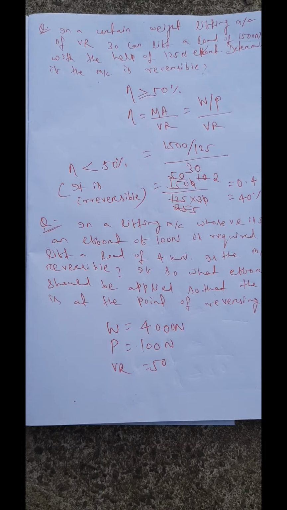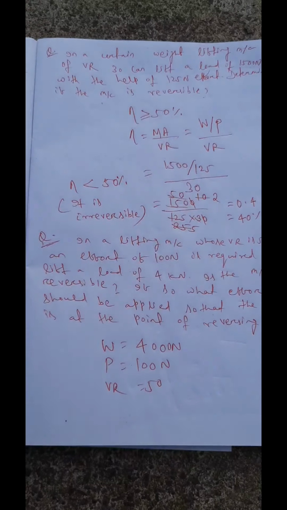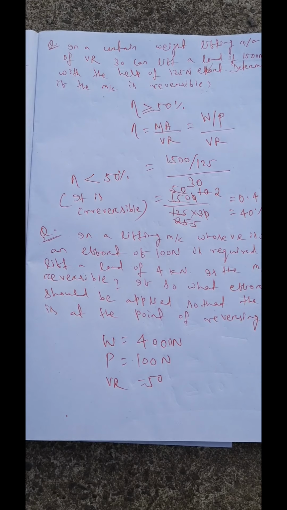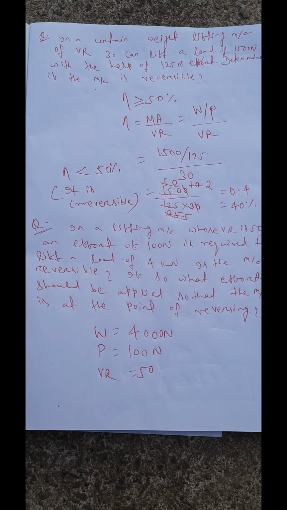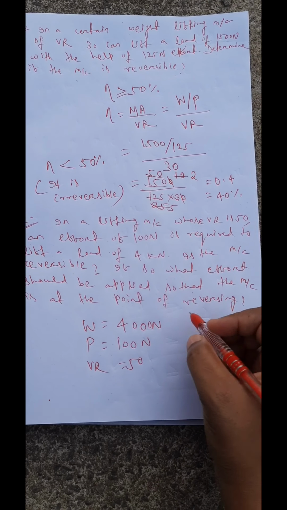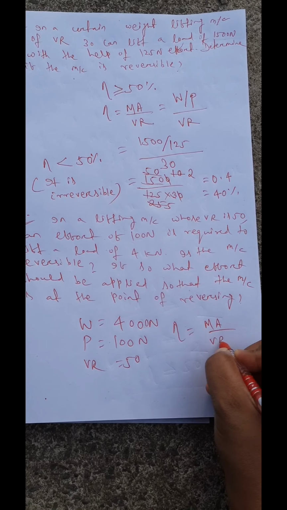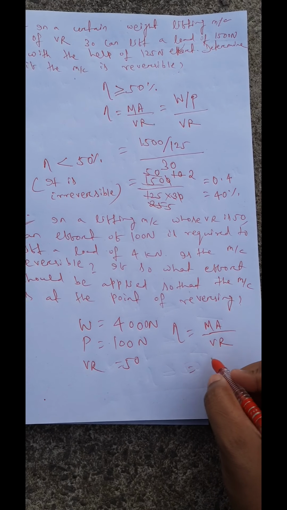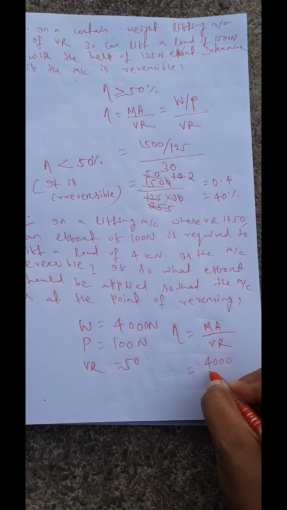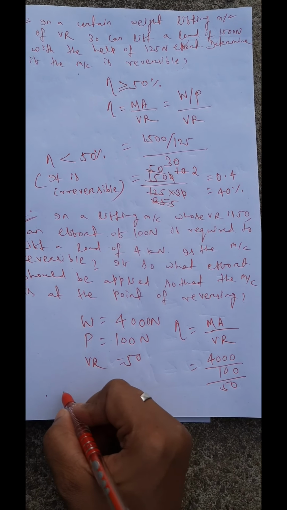Here we have to find out the efficiency in the same method. So efficiency is mechanical advantage by velocity ratio. Mechanical advantage is W by P, that is 4000 by 100, divided by velocity ratio 50. So what is the efficiency?